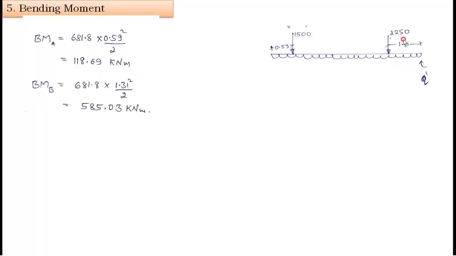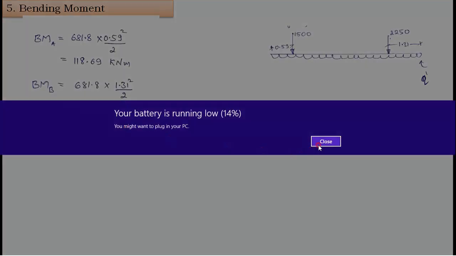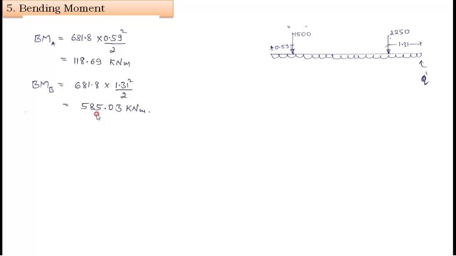For the right side overhanging portion, that is also WL square by 2, which is 585.03. I will draw these in the diagram: at this point the bending moment is 585.